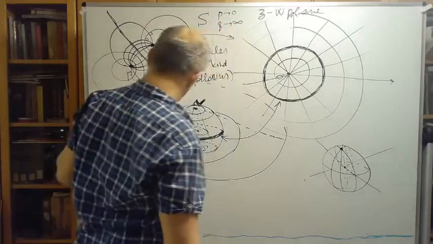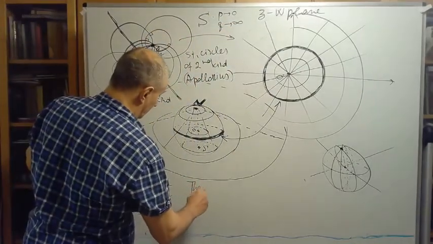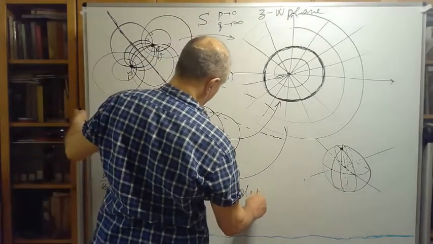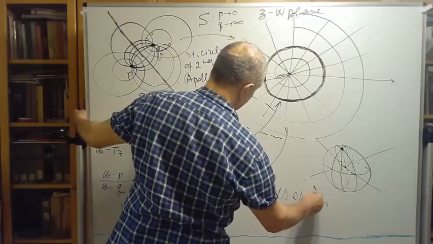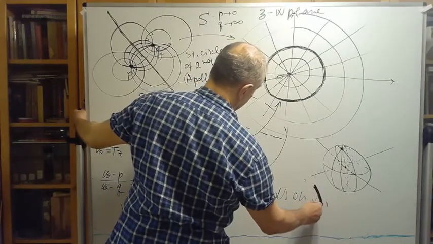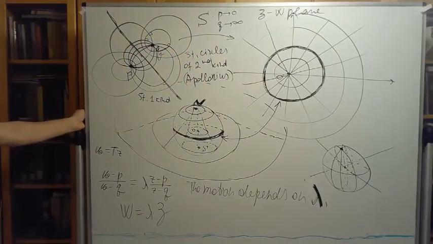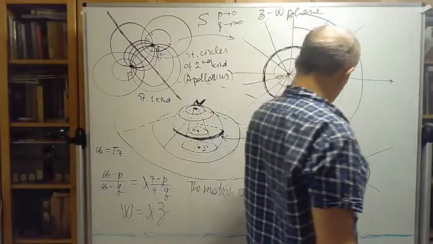So what kind of motion will this be? The type of motion, the transformation, depends on lambda. How does it depend on lambda? I think I can erase these illustrations to have some room for writing.